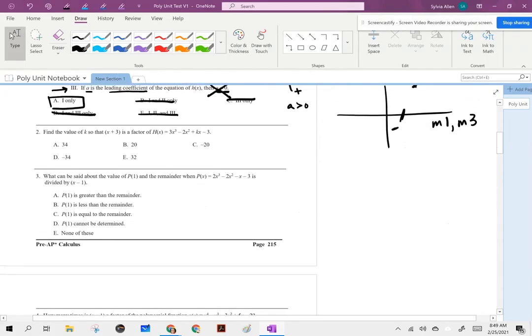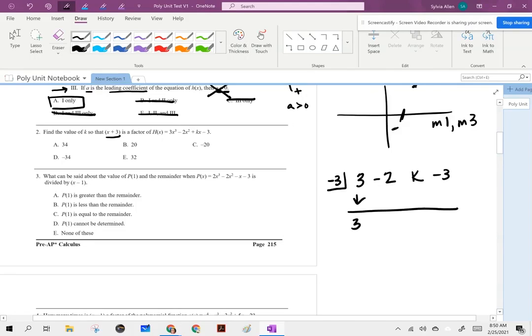All right, so let's take a look at number 2. It says find the value of k so that x plus 3 is a factor. All right, so in order for that to be a factor, I know my remainder must be 0. So there's a couple of ways to do this. I showed in the polynomial unit that we could utilize synthetic division, and we've practiced that. So this would be a 3, this would be a -2, this would be k, and this would be a -3.